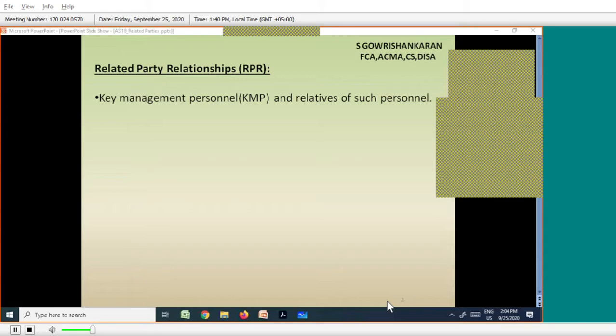Which directors don't have authority and responsibility for operating that company? Think and share your views. Please share your views.